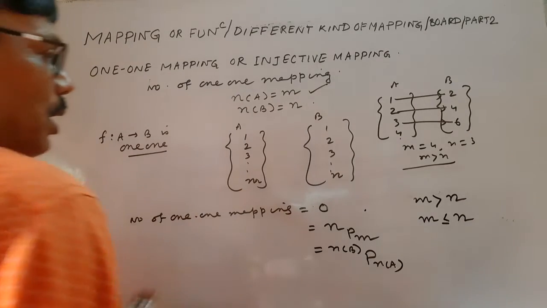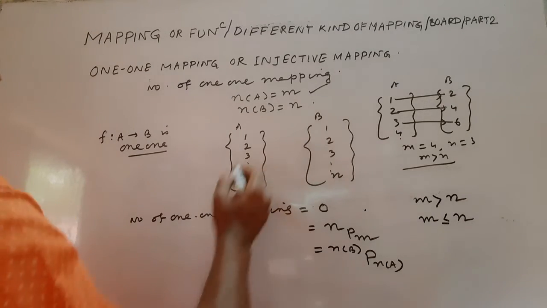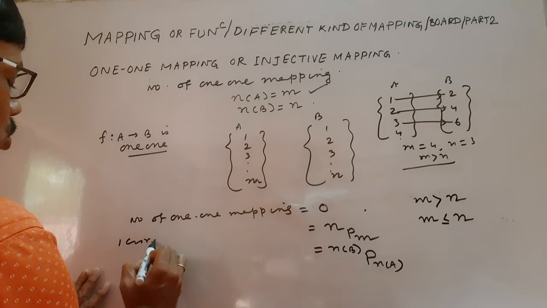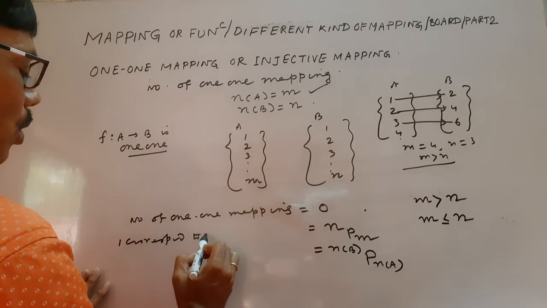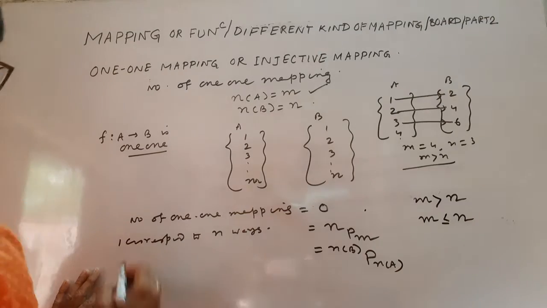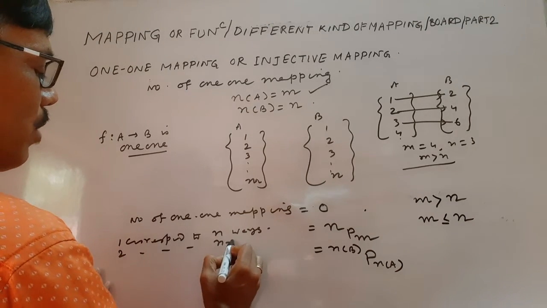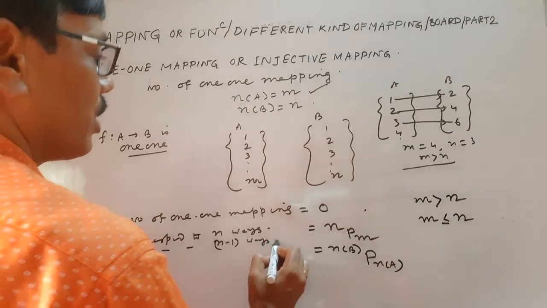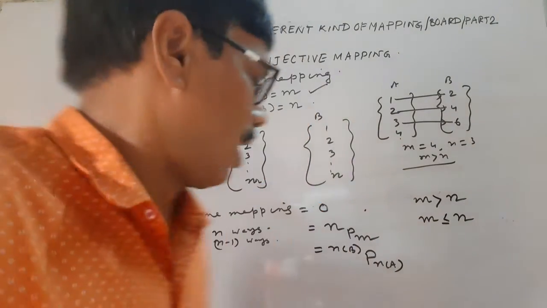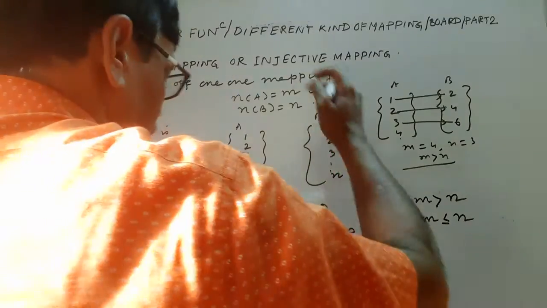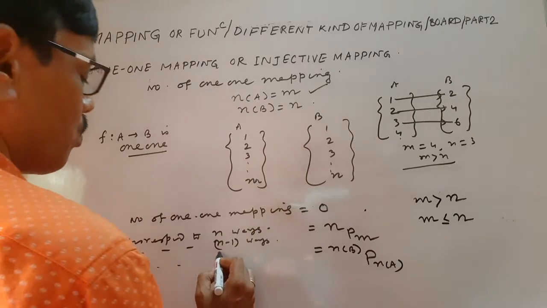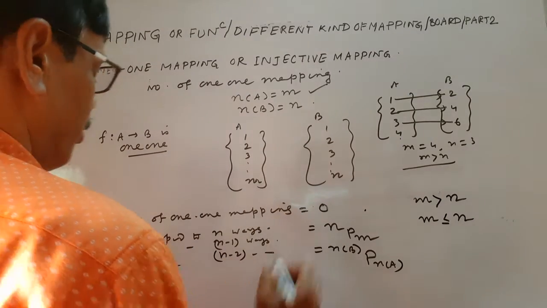Look, 1 corresponds to, look at the clue, 1 corresponds to how many ways? n ways. 2 corresponds to n minus 1 ways because it is 1-1. If one place is fixed, you cannot take this place. Then the third element corresponds to n minus 2 ways.